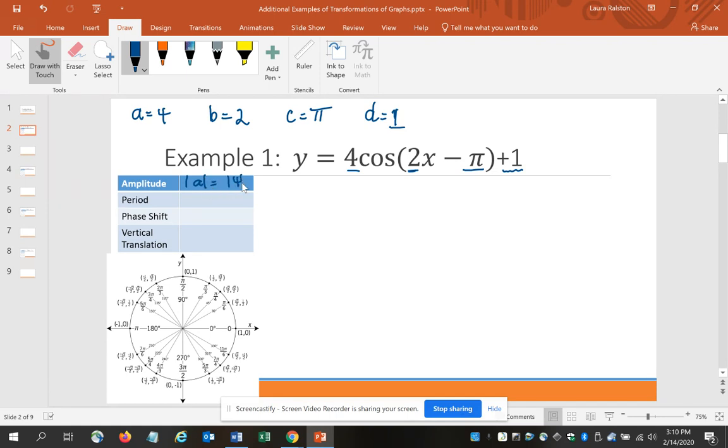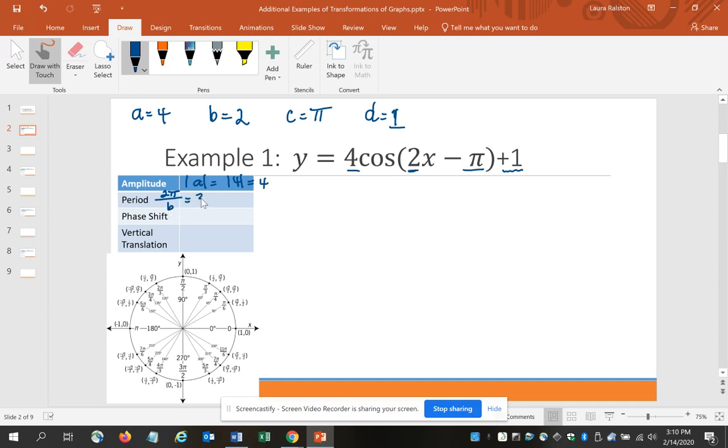So that's going to be the absolute value of 4, or 4. So instead of the cosine curve kind of maxing out at 1, now we're going to stretch it so that it now maxes out at 4. The formula for calculating the period change for the cosine curve is 2 pi divided by b.